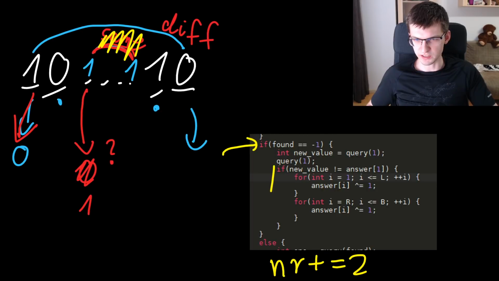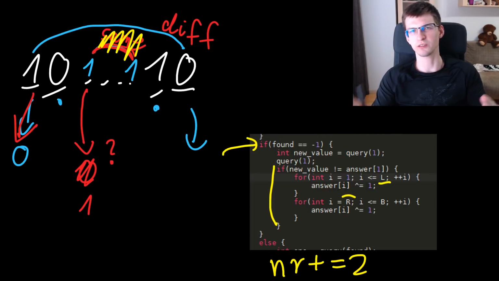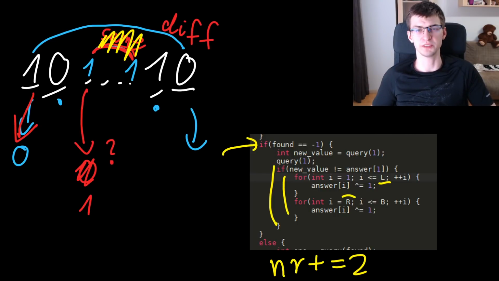But if I see that something changed here, then every bit up to L and from R to the end, I change its state by 1. Then we had that case that now I cannot distinguish between flipping and reversing, but it's really the same. I could, I think, here as well reverse, if I'm not mistaken now.